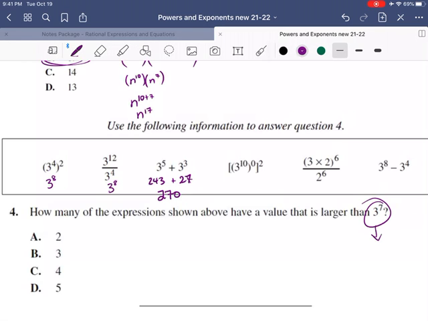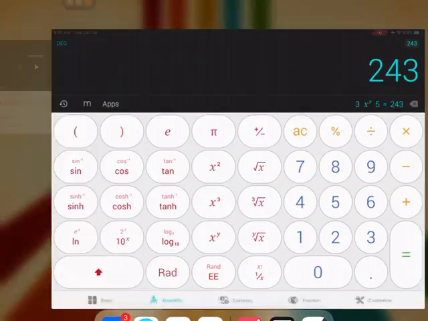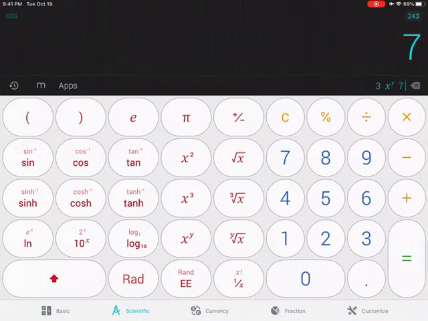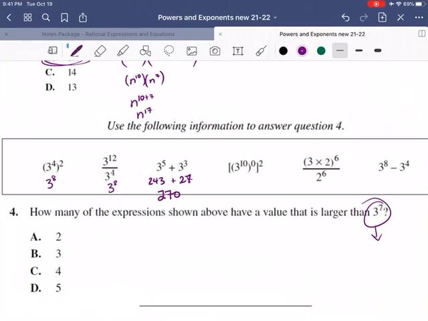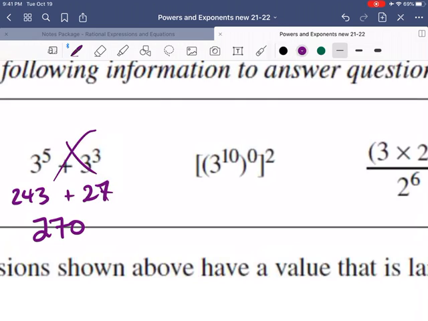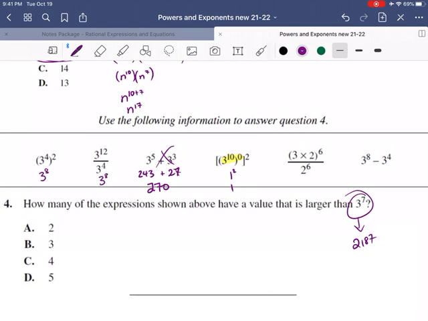I guess we should evaluate what 3 exponent 7 is. 2,187. Okay, so this is definitely not bigger. 3 to the 0 exponent, well, this part here is just going to become 1, and 1 squared is just 1, so that's definitely not larger.